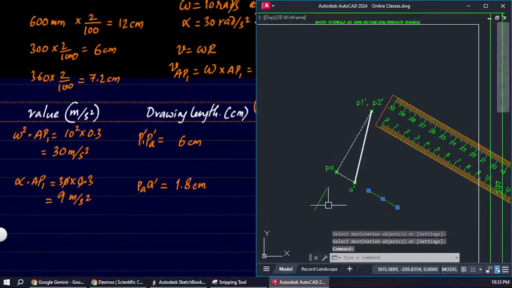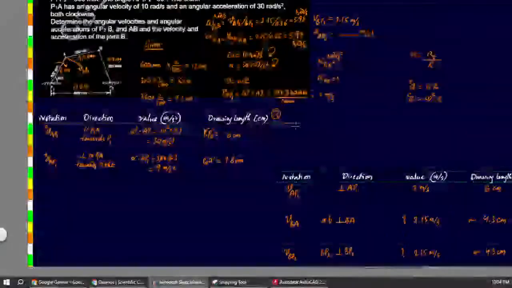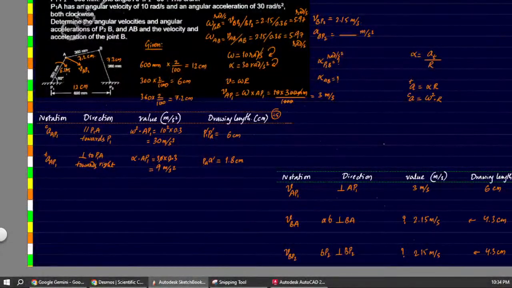Okay, let me remove these two lines which were just left out from the extensions. Now that we have this particular acceleration, the next step will be to find the other accelerations which are known.